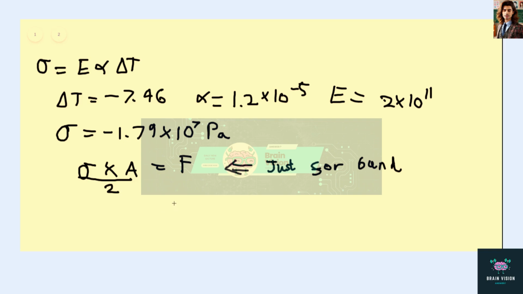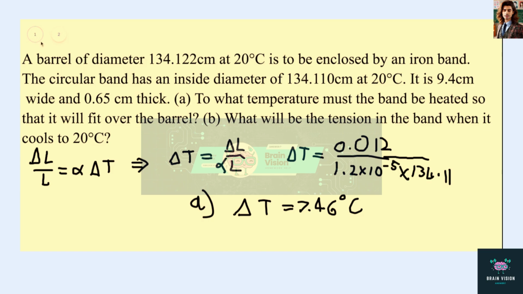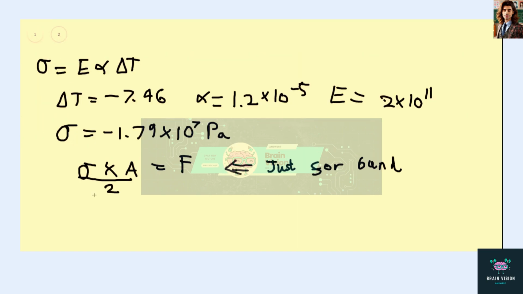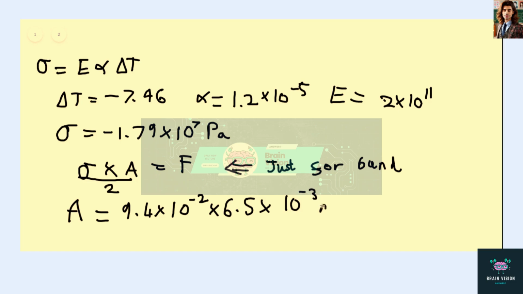And so multiplying this in here, we can calculate the area, which is 9.5 centimeters by 0.65 centimeters. So the area using SI units, System International units, in terms of meters, is 9.5 times 10 to the minus 2 multiplied by 6.5 times 10 to the minus 3 meters.